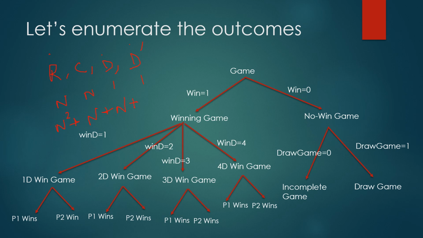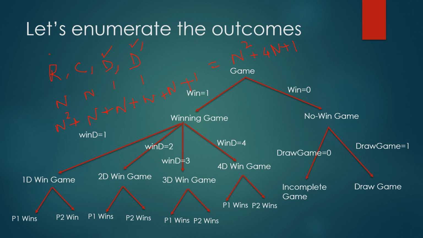You can do column and diagonal, that can happen in n ways. You can do column and reverse diagonal, that can happen in another n ways. And finally, you can do diagonal and reverse diagonal, which can happen in one way. So if you add them up in an n cross n board game, you can see that n squared plus 4n plus 1 is the number of ways in which a 2D win can happen.